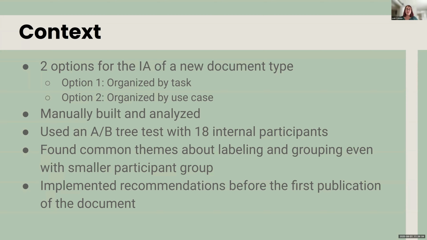And it did still definitively tell us that the tree organized by use case was actually easier for our users to understand. And the great thing about this is, since it was for the documentation, we were able to implement the changes before the writers actually began working on the content, which caused a lot less churn for them, and it led to a better document that we were finally able to publish as an initial version.